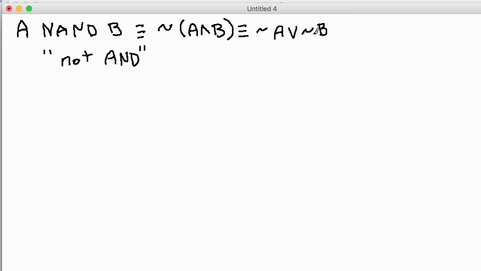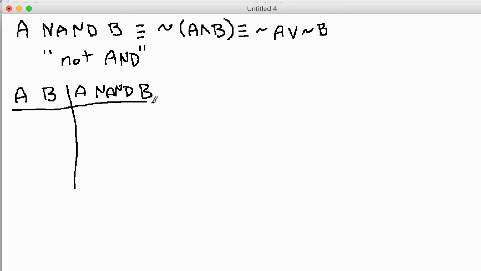So let's first of all draw a truth table for this. If I have A and I have B and I have A NAND B, well, we know that A and B would be true over here and false everywhere else.